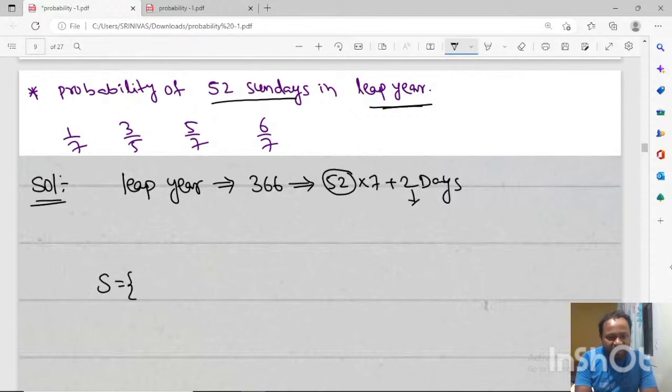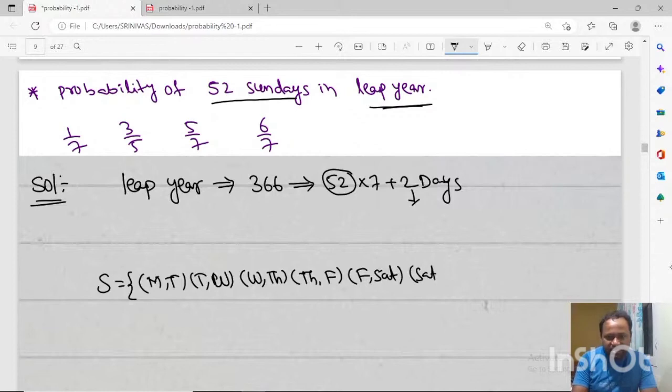It may be Monday, Tuesday; Tuesday, Wednesday; Wednesday, Thursday; Thursday, Friday; Friday, Saturday; Saturday, Sunday; Sunday, Monday.